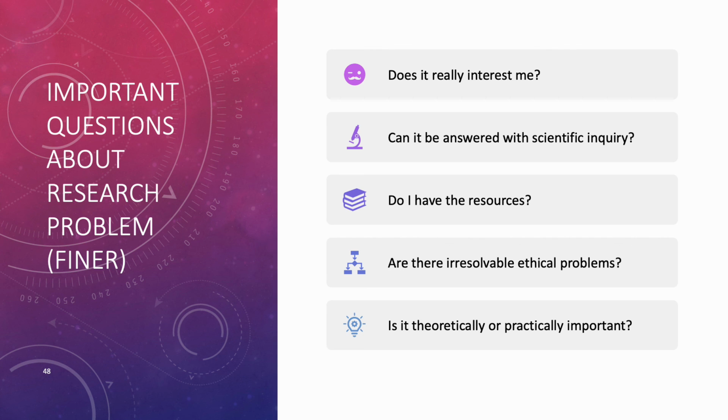Are there irresolvable ethical problems? It should be relevant to scientific knowledge, to clinical and health policy, and to future research direction. So, is it theoretically or practically important? Those are the questions that you have to answer in making your research questions.